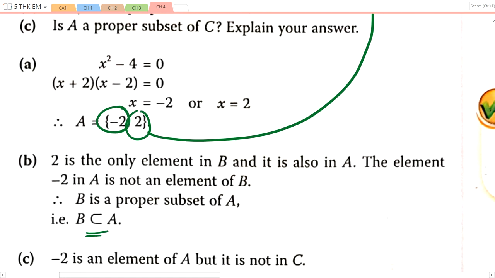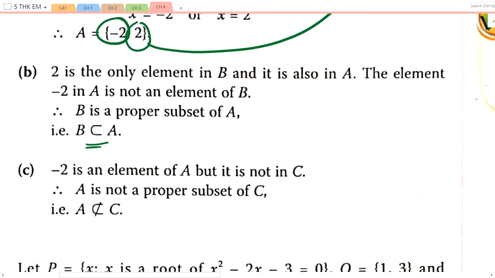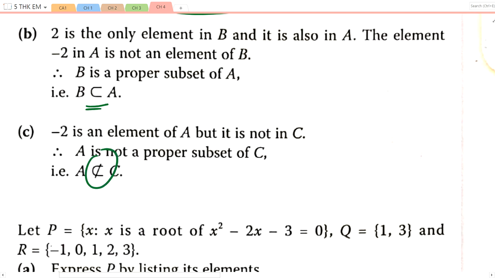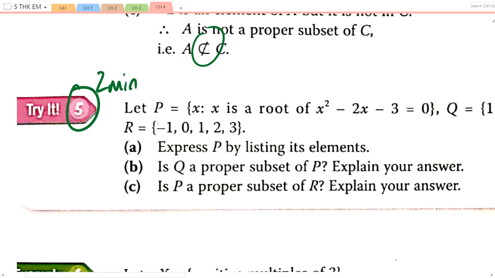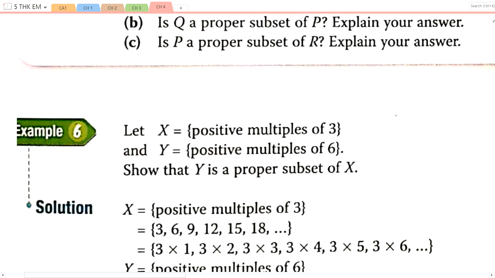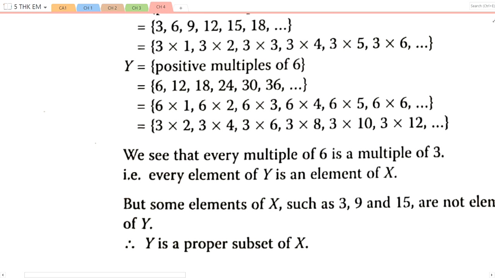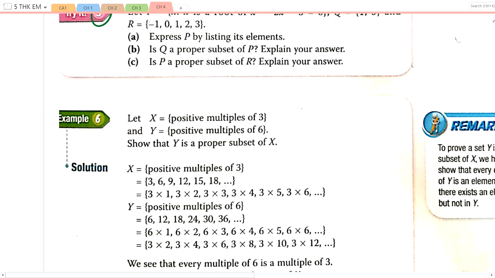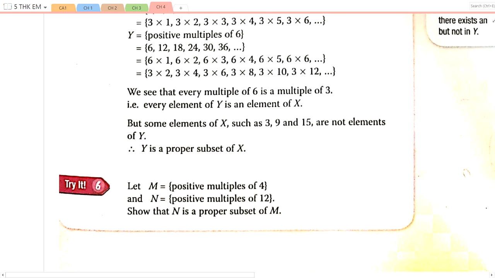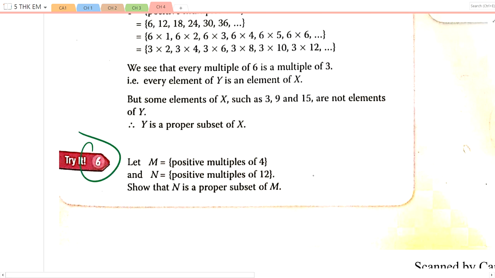So we say that A is not a proper subset of C with this symbol. Okay, so take 2 minutes to try it 5 yourself. Go through example 6 and try it 6. You can take about 10 minutes for this.